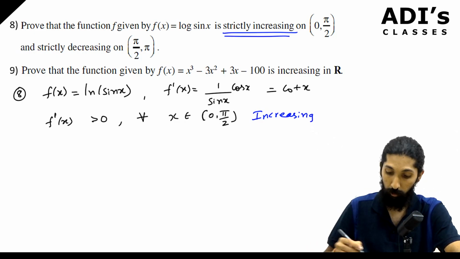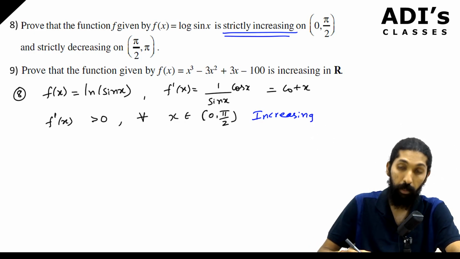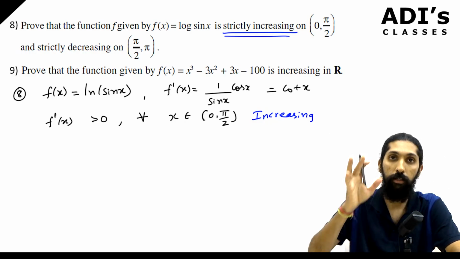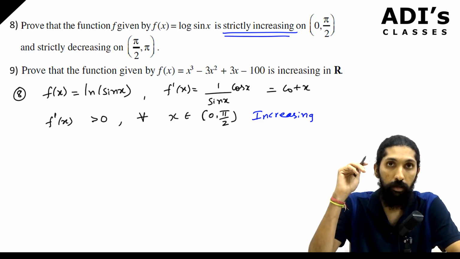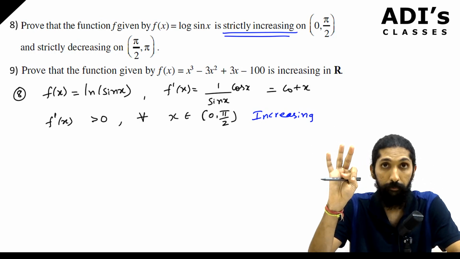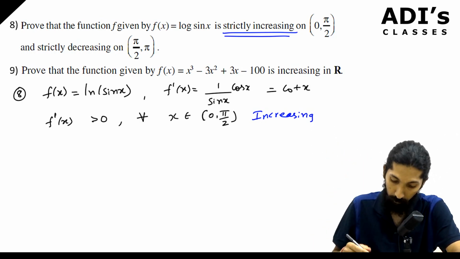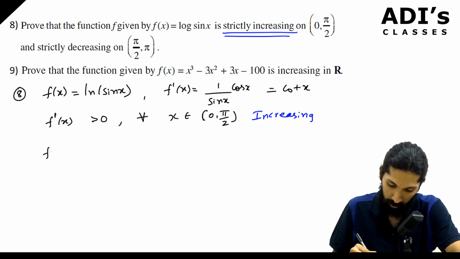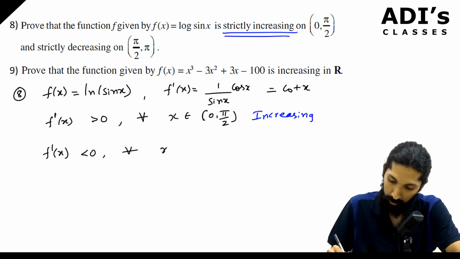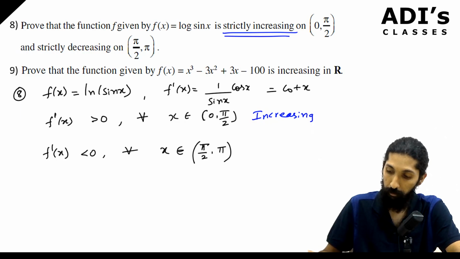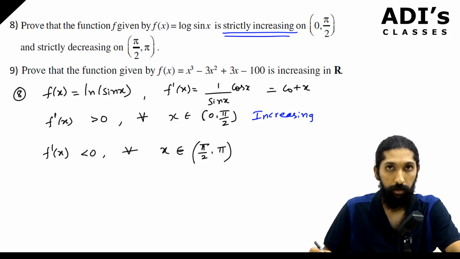And in the second quadrant, that is from pi by 2 to pi. Now in the second quadrant, which is positive, sine and cosecant, not cot, right? So here f dash of x is less than 0 for all x belonging to pi by 2 to pi, because it is in the second quadrant.